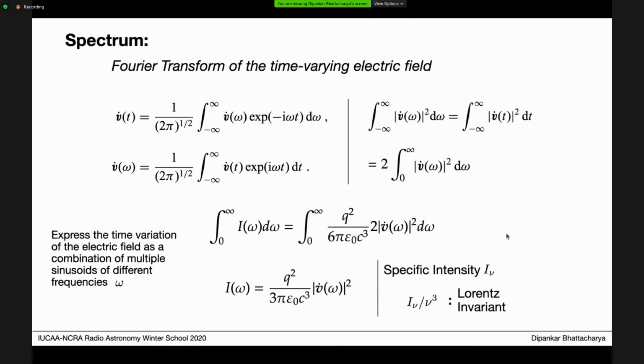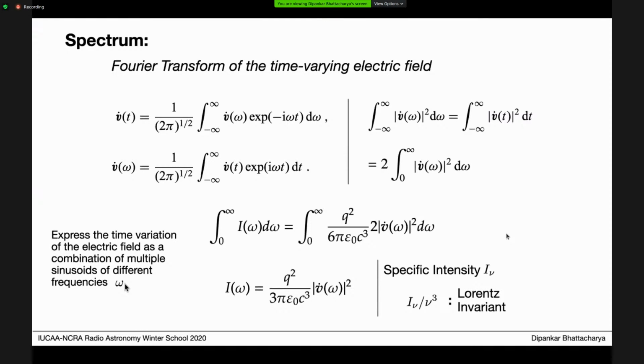Okay, so now let us talk about the spectrum. As I already mentioned, we receive electric and magnetic field, which are coupled, of course, because H is just n cross E. So let's take the electric field. It has a time variation, and we express the time variation of the electric field as a combination of multiple sinusoids of different frequencies, which we call omega here.